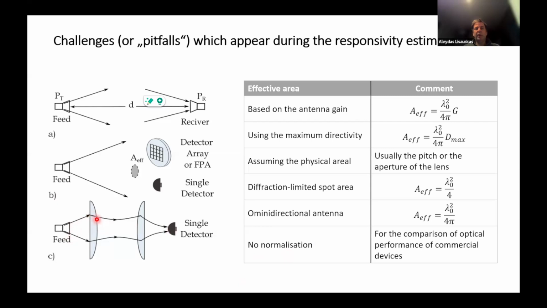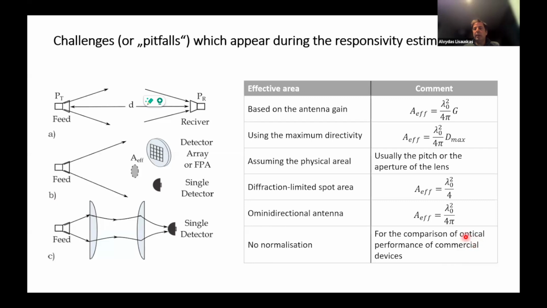One example is if you use two lenses here and focus, and then say, I just measure the power that was here, maybe with some loss of the lens, but the power that was here in free space, and then it is on the detector. That's the only proper comparison of optical performance to commercial devices.